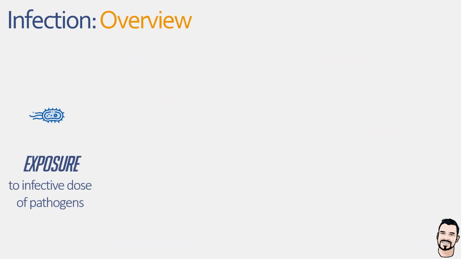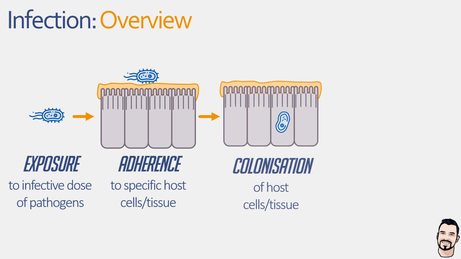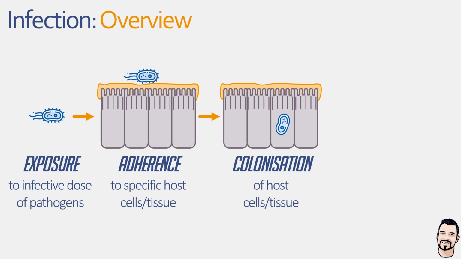And so, as a quick recap, first, the host is exposed to a pathogen, but exposure alone is not enough to cause infection. The pathogen must then successfully adhere to host tissues, allowing it to remain in place rather than being removed by physical and immune defenses. Once attached, the pathogen can then colonize the host, establishing itself at a specific site, and in some cases, invading surrounding tissues.